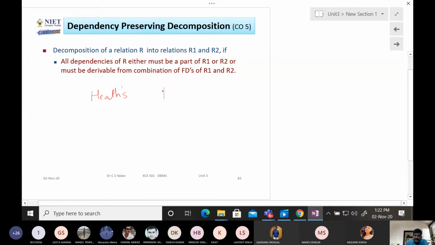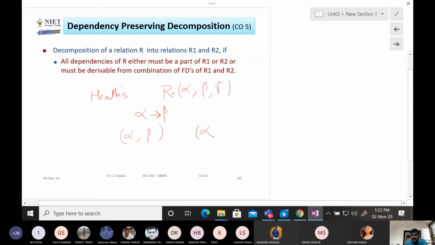Heath's theorem says if we have a relation with attributes alpha, beta, gamma, where alpha is a set of attributes, beta is a set of attributes, and gamma is a set of attributes, and if any functional dependency alpha determines beta exists, then we can decompose that relation into alpha beta and alpha, R minus beta.